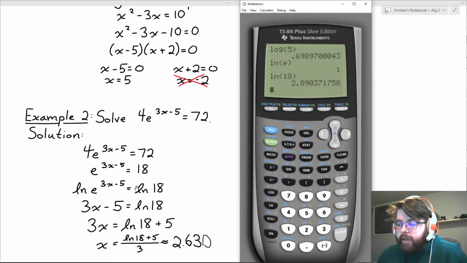If it's easier for you, go ahead and convert this to a decimal. Then you'll have this plus 5, which is approximately 7.89. And then you're going to divide both sides by 3, and you'll get 2.63.